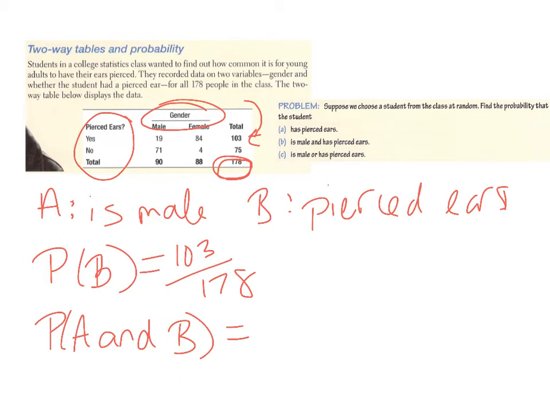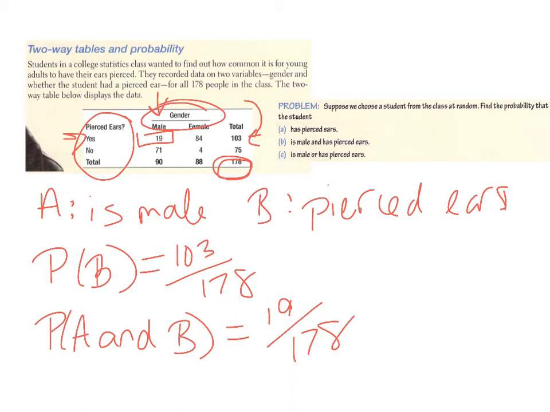I want these two things to happen at the same time. So I am looking for males and pierced ears, where those two things meet. And they meet 19 times. So I end up with 19 out of 178. So I have my probability of males and pierced ears.